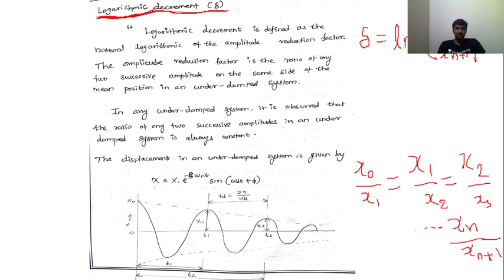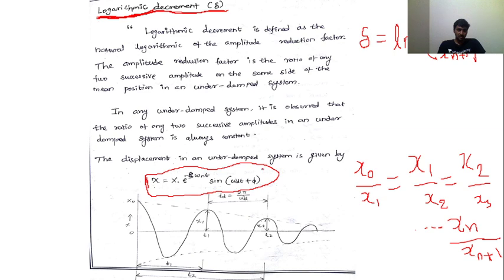Now, from this equation, the maximum amplitude is equal to X e power minus zeta omega n into t. How are we deriving the maximum amplitude? As per the discussion, it comes from the displacement equation for the underdamped system.